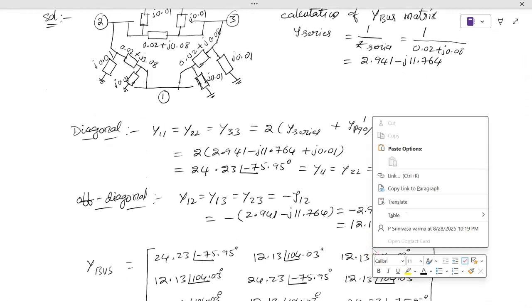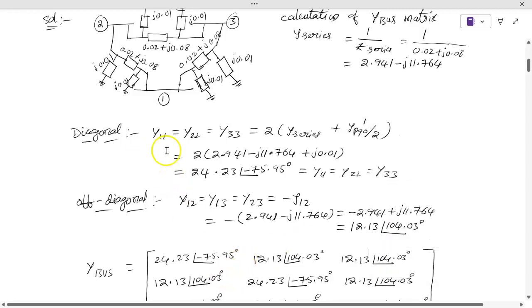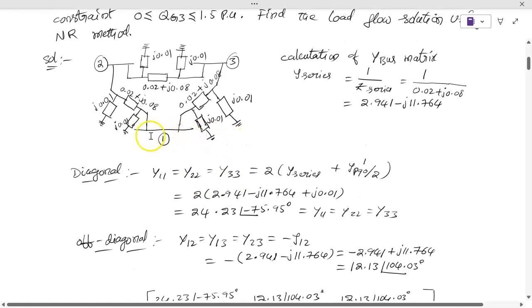For that we need to calculate the diagonal elements as well as the off diagonal elements. Suppose the diagonal elements are y11, y22, y33. Here for y11, we need to add these two values.